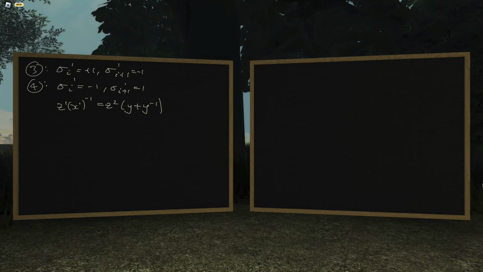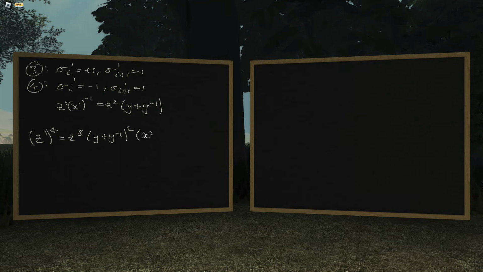So if we take all 4 equations and multiply them together, we get z prime to the power of 4 is equal to z to the 8, y plus 1 to the -1 squared, x squared.